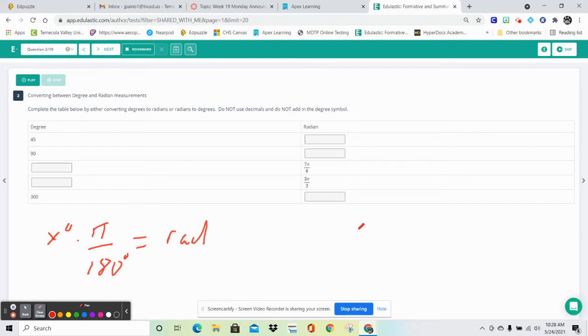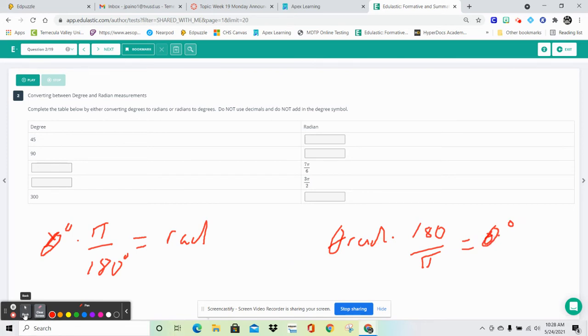I put x there, but usually we use theta. And then vice versa, if you have your radian, theta in radians, you multiply that by 180 over pi, and that's going to equal your degree.